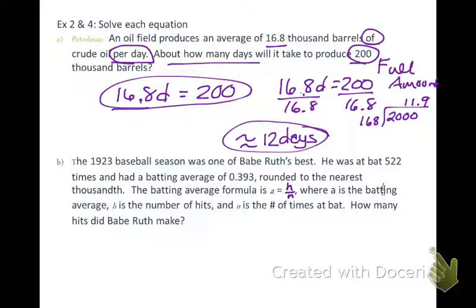We're going to substitute the numbers. He was at bat 522 times, so that's at the bottom. We don't know how many hits he has, and his average is .393.